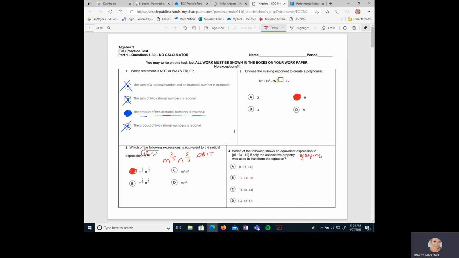Order doesn't change, so you can simply look at this and see 5 times 3 times 12. Come down here and look for 5, 3, and 12 in the same order. And if you look, 5, 3, 12, 5, 12, 3, 3, 5, 12, 12, 3, 5. The only one that is in the same order is A. So your answer is going to be A.